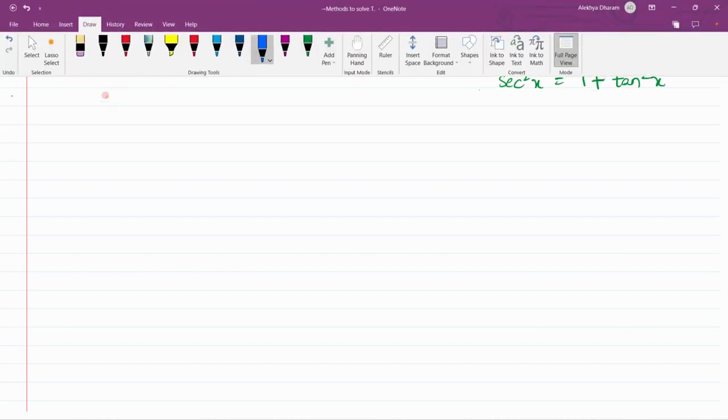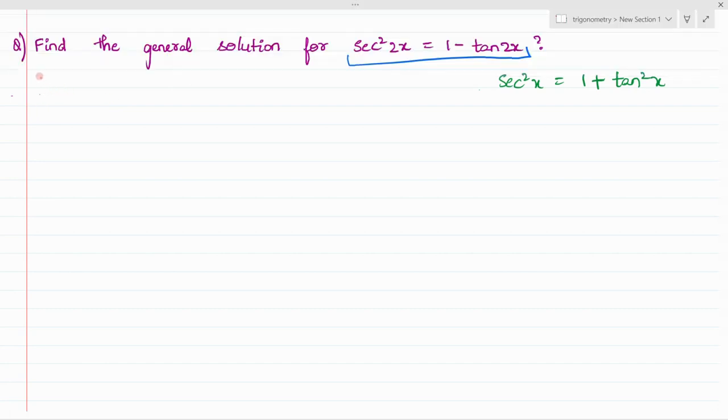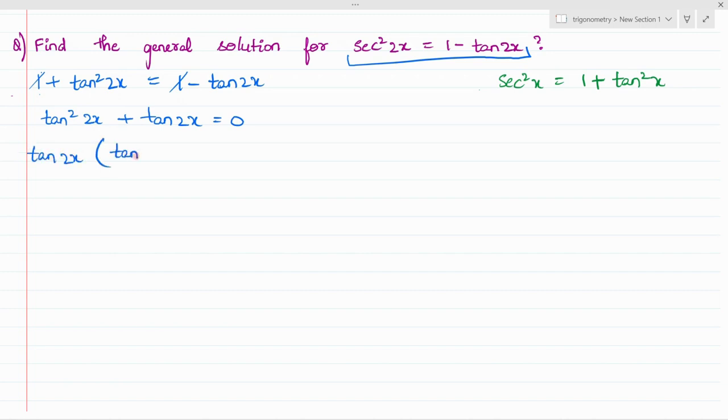Now, using this identity, we can write here secant square 2x will be 1 plus tan square 2x, and on the RHS it is the same, 1 minus tan 2x. 1 and 1 get cancelled. Now, this can be written as tan square 2x plus tan 2x is equal to 0. So take tan 2x common. The remaining thing is tan 2x plus 1 is 0.